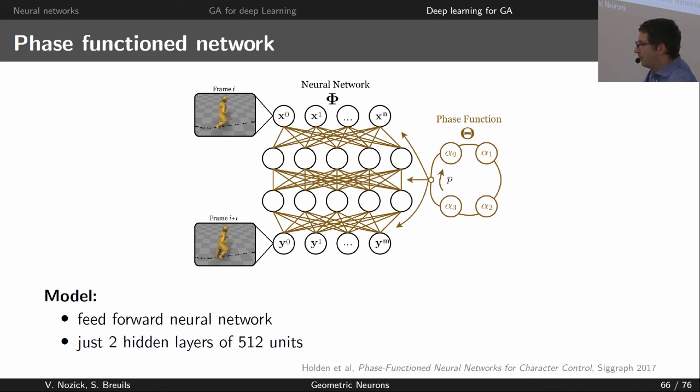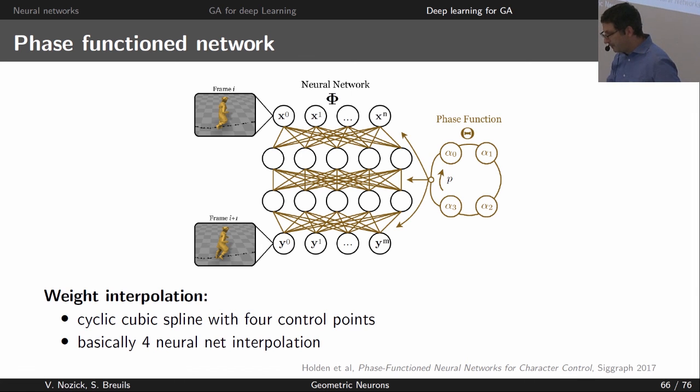So what they did is get this network, but they consider not only one set of weights, but 4 sets of weights. Here this is the alpha 0, 1, 2, 3. According to the phase of your motion, they will interpolate between 2 weights, using just cubic splines.